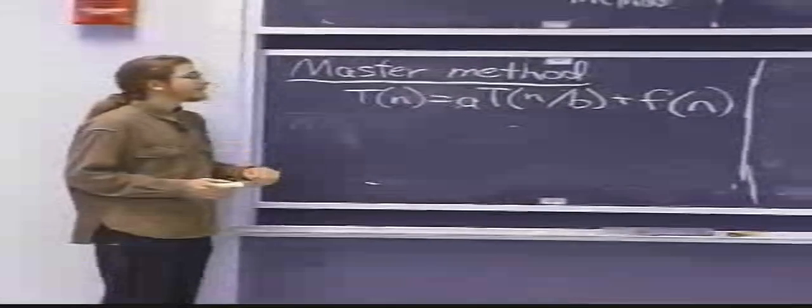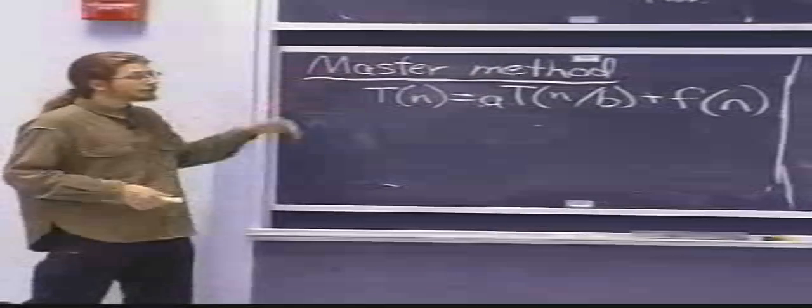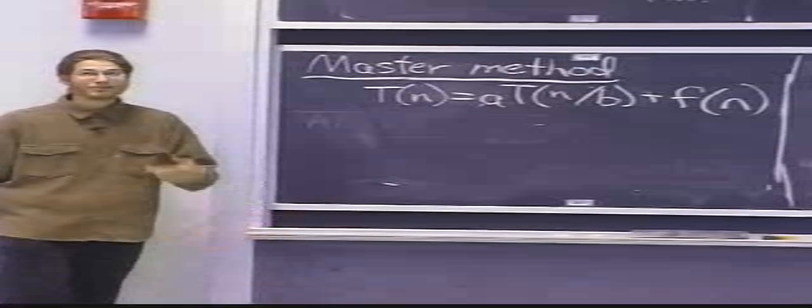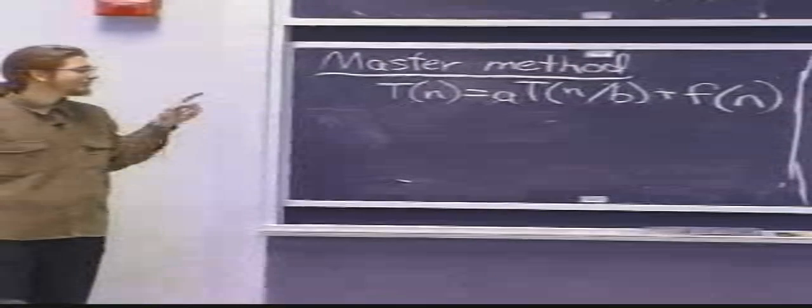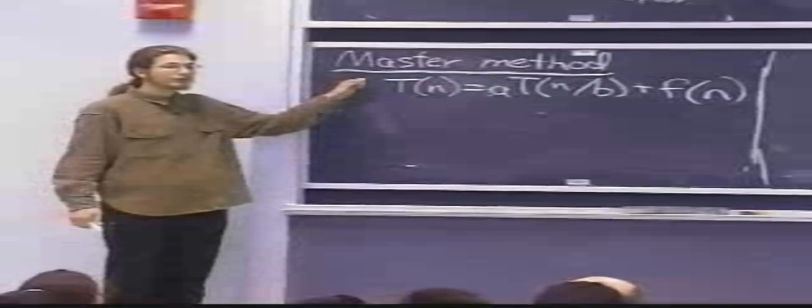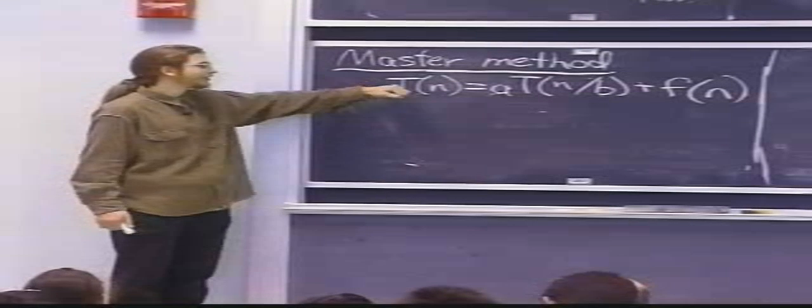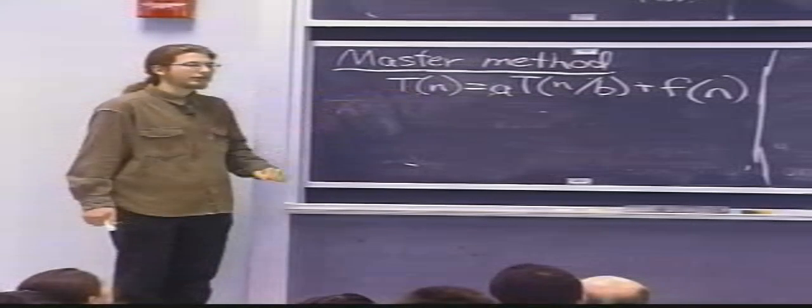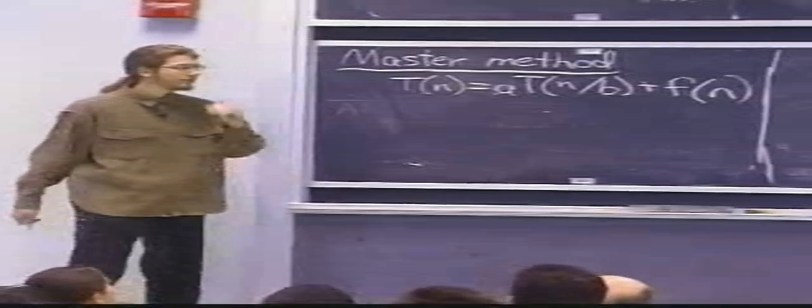We'll see lots of examples of this. And most of the time, the master method will just tell you the answer. You have to memorize the master method, and it will take us 3 boardfuls to write it down, so that's a little bit of effort. But once you know it, it will be your friend, because it will solve these instantly, which is great. You don't even have to think. OK.